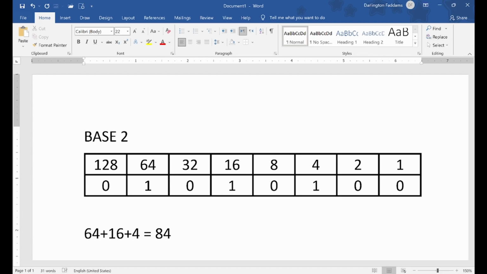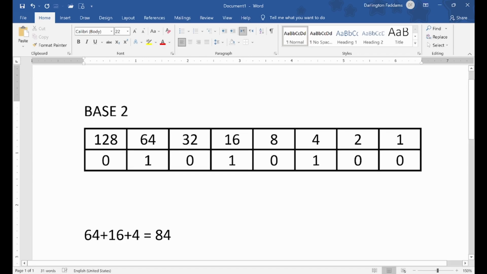Now, because you are dealing with binary, it is very easy to know that it's 84. Other number systems also follow their own tables. And so the actual formula for calculating this is this. I'm going to give you the actual formula.